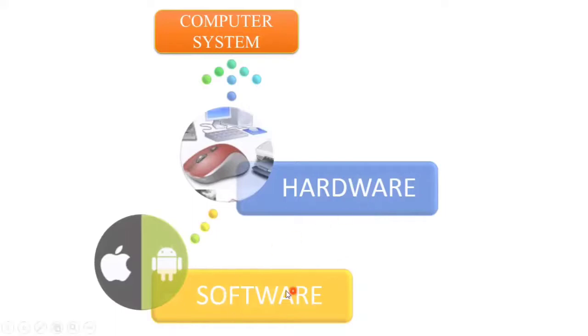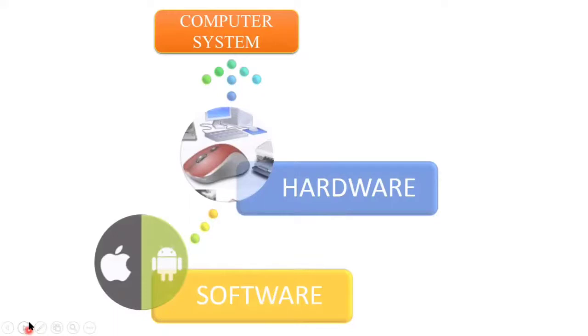So software are the programs that instruct the hardware to perform operations. Software is a set of programs which give instructions to hardware, and software we can't touch, but hardware we can touch and feel, right? So this combined makes the computer work, and this combination is known as computer system.